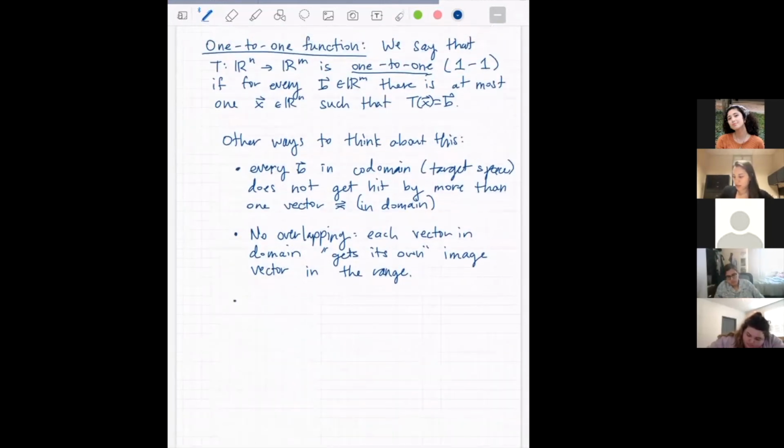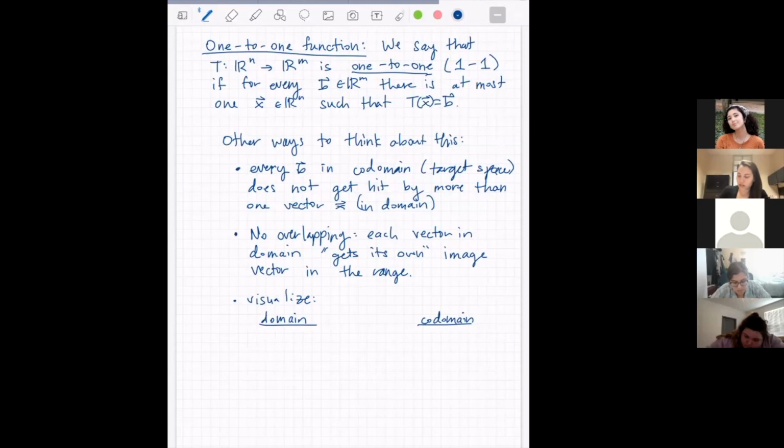And we can visualize this by looking at the domain on one side and the range, or really codomain, on the other side. I'm not going to draw these as vectors, I'm really just going to put little points to represent them.